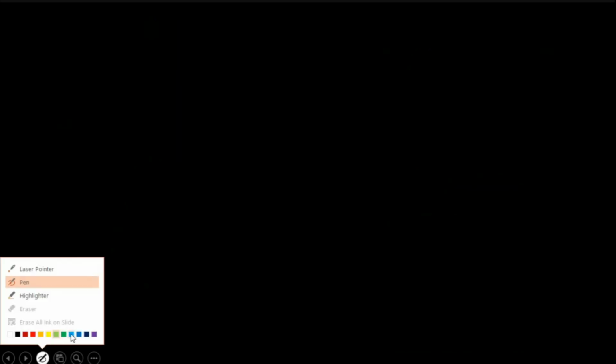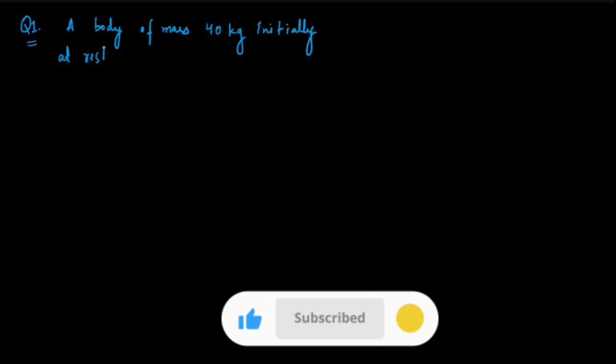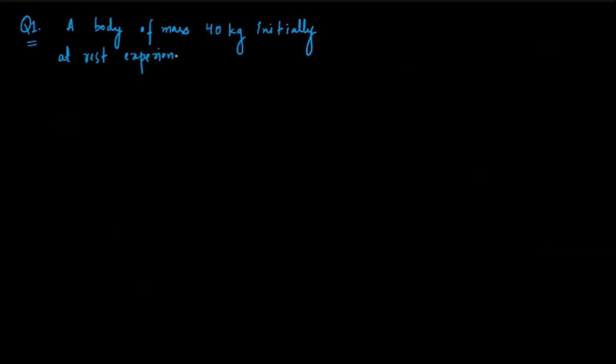So the question says: a body of mass 40 kg, initially at rest, experiences a force of 100 Newton such that it displaces 200 meters in some time.